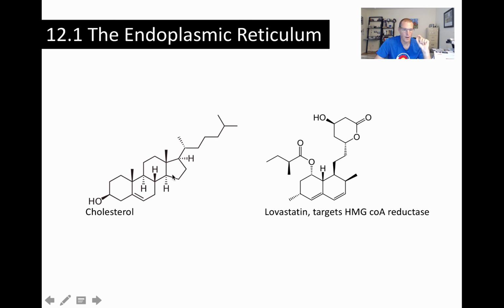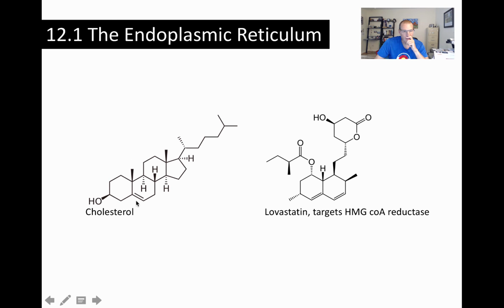These are carbon rings, and cortisol, cholesterol, and steroids all have this common structure, and they only really differ in the number and arrangement of the side chains and this hydroxyl here, for example.